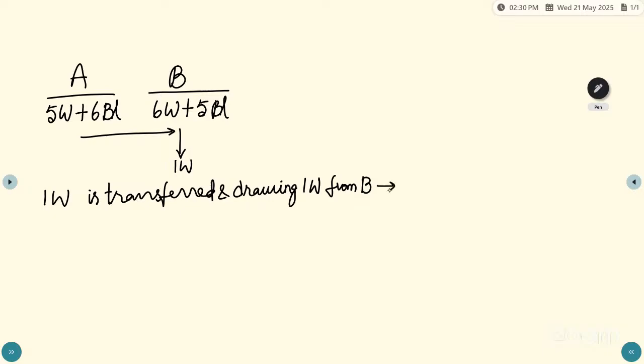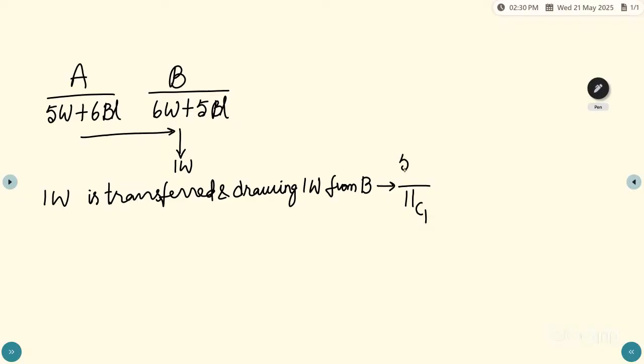How many balls are there in A? Out of 11, choose one. It must be white. One white is transferred. How many whites are there?